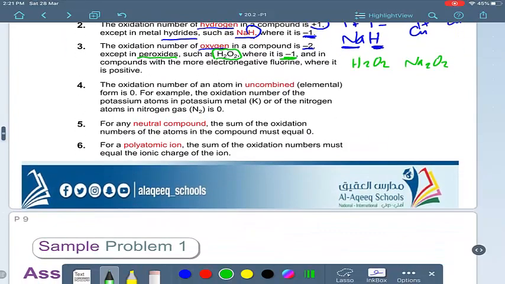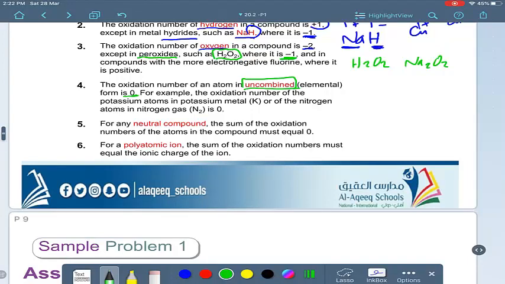Rule number 4. The uncombined element, it means if an element is in the form of a molecule or metal and it's uncombined, it's alone. At this moment, the overall charge is zero.